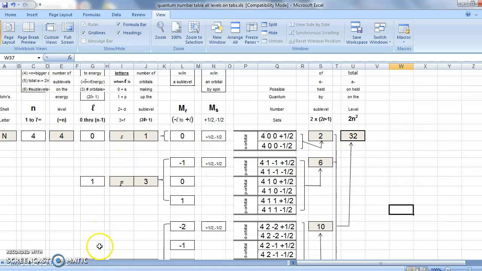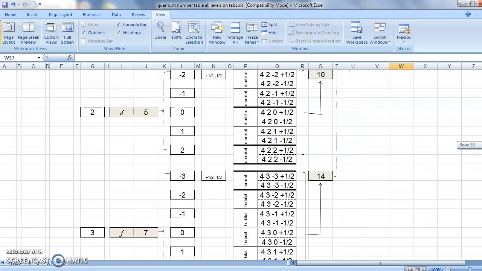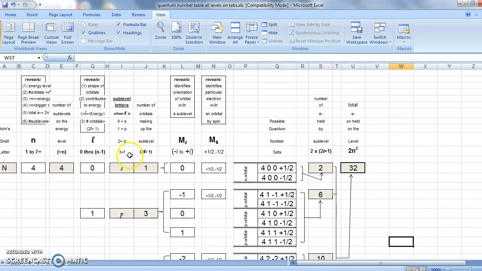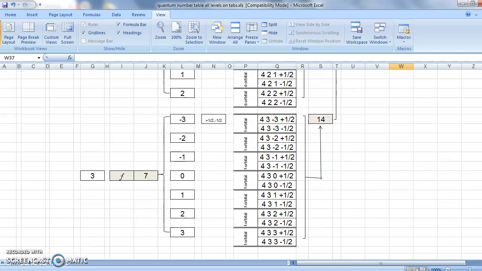Where do I get the 0, 1, 2, 3? If the first number is a 4, the second number is allowed to be 0 up to the first number minus 1. 4 minus 1 is 3. When the second number is a 3, we're in the f sublevel. So if an electron starts with the sequence 4, 3, we know it's in the 4f.